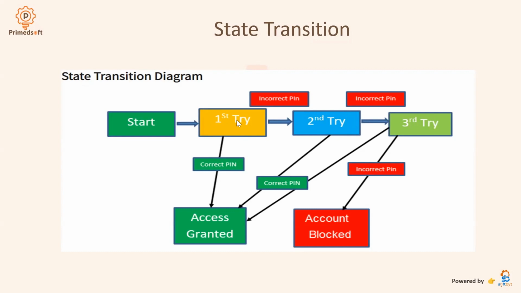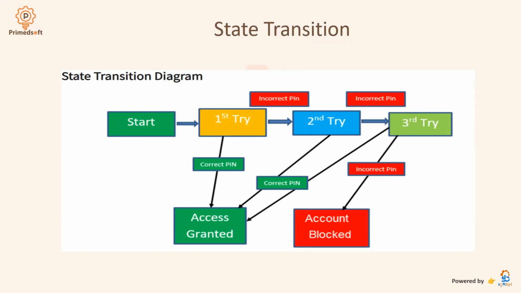If you try it the first time, it says incorrect PIN. You enter the wrong one the second time, it will say incorrect. It will give you time to enter the 3rd time. So if you enter the 3rd time incorrectly, it will block. But if you enter the 3rd time correctly, you will gain access. That is when the system has been set for only 3 wrong entries.